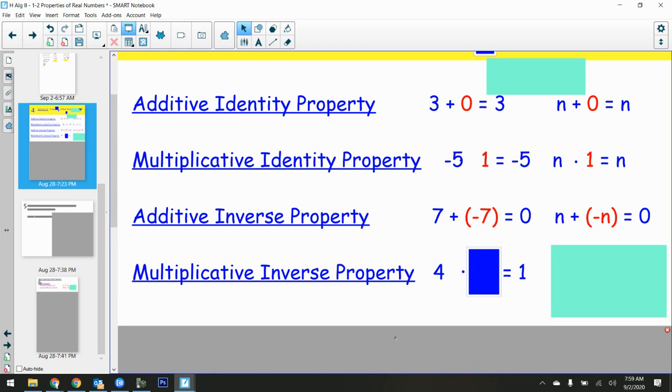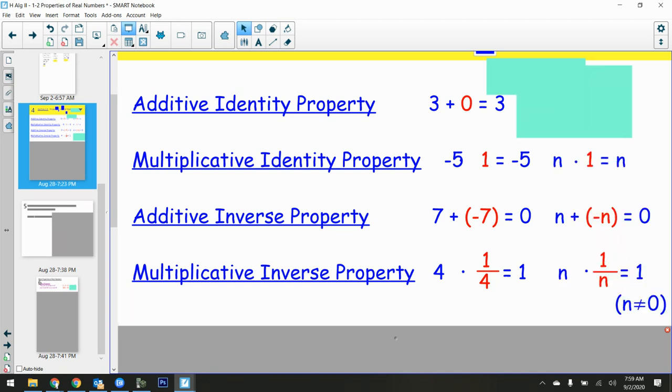In this case, 1/4. So if I wanted to generalize that to n, I would say 1 over n, as long as n is non-zero. If n is 0, then weird things are happening, because I would have to divide by 0, and that's no good.